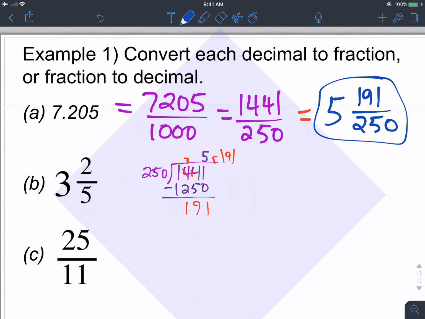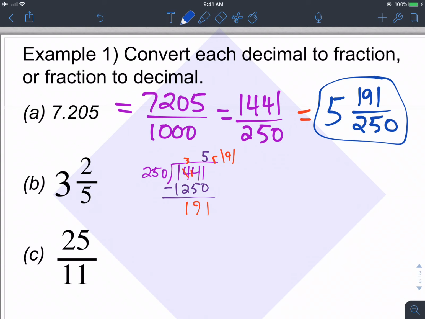The other way I just want to mention is that if you ignore the whole number. Wait, I did something wrong maybe. 7205 over 1,000. Makes sense. 7205 divided by 5.